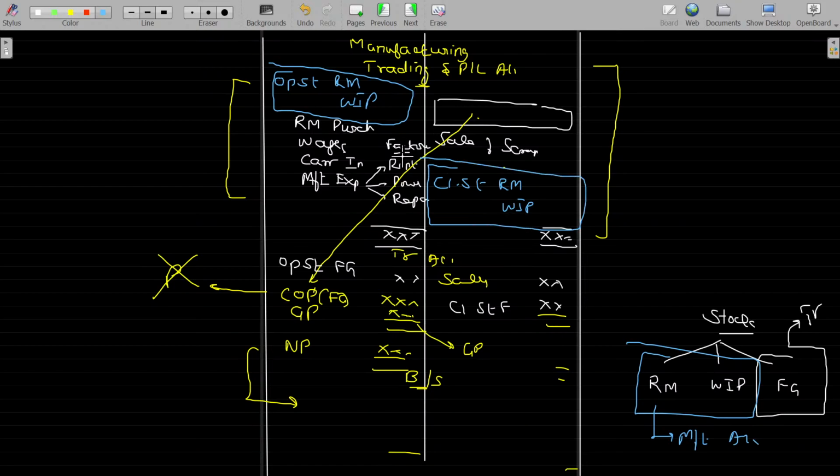Hope you could understand. These are the small points you have to understand. Semi-finished goods is otherwise named work in progress. You are absolutely right. Semi-processed, incomplete goods. So you have to understand the preparation of the manufacturing account, trading account, P&L account, and then balance sheet in the case of a manufacturing entity. Is that okay? Come on, make a note of it.